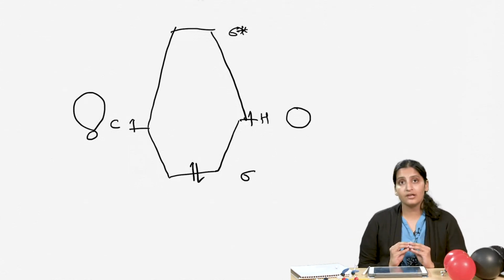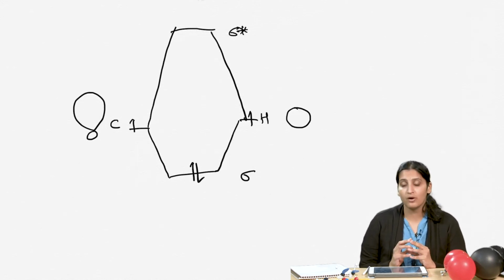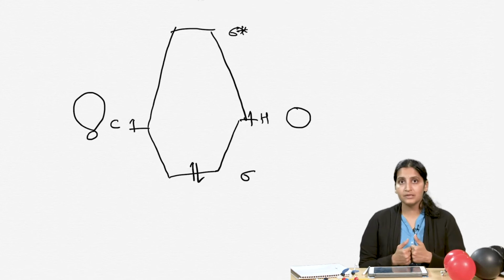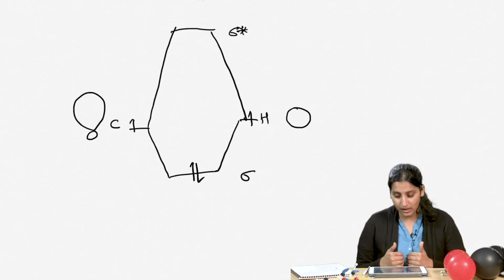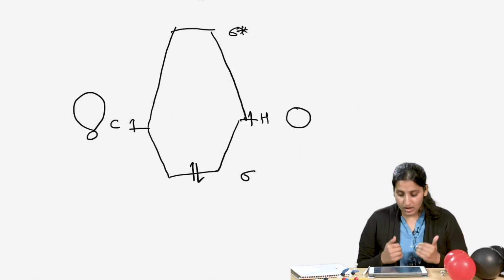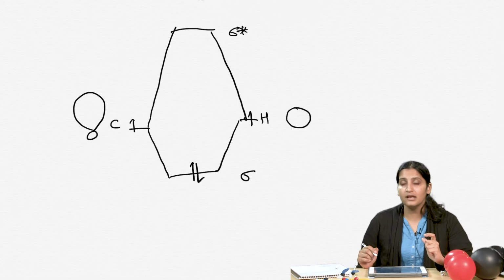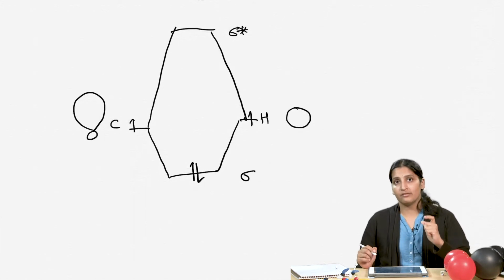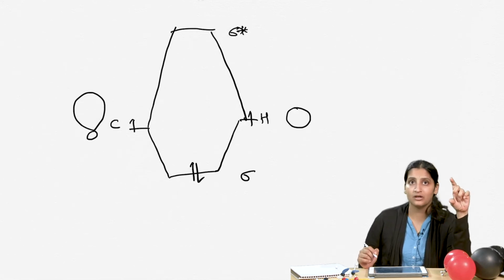And in fact, the bonding molecular orbital or the sigma molecular orbital in the case of the carbon-hydrogen bond is going to be responsible for the stability. So when we start filling electrons, we first fill the electrons in this stable sigma molecular orbital, and we have no electrons left to fill in the sigma star molecular orbital. So if you think about it, the stabilization that is offered because of this stabilized sigma molecular orbital is comparatively lower than the destabilization that is offered because of filling electrons in the sigma star molecular orbital.